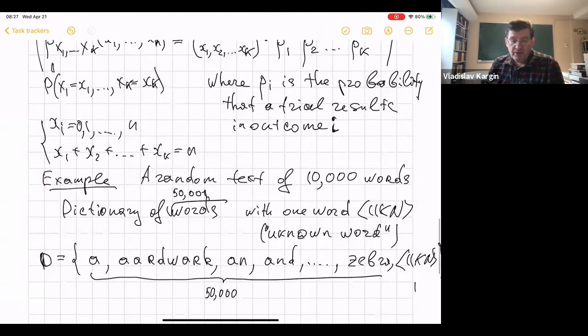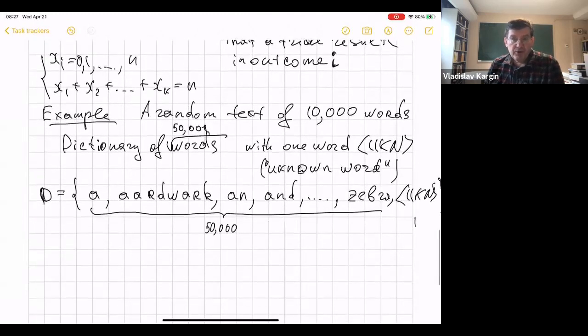So now you can translate every text into a sequence of numbers, where the number is just the order number of the word in the dictionary.